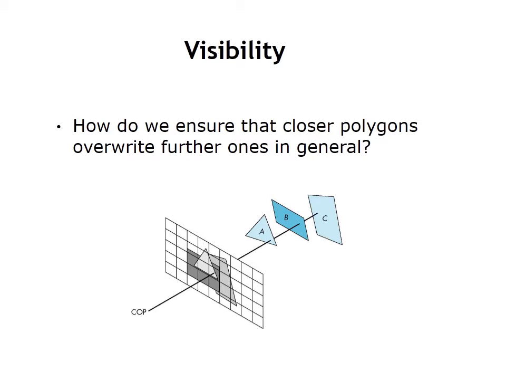So this is the space where we have three objects on the same line, or the same center of projection. The three objects A, B, C are viewed from the same angle of projection. How do we ensure that closer polygons override further ones in general?